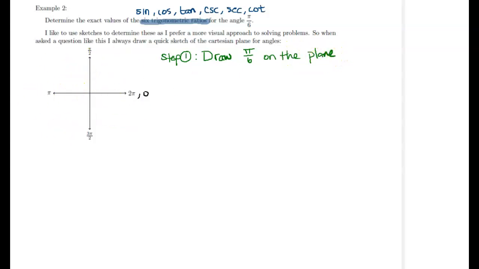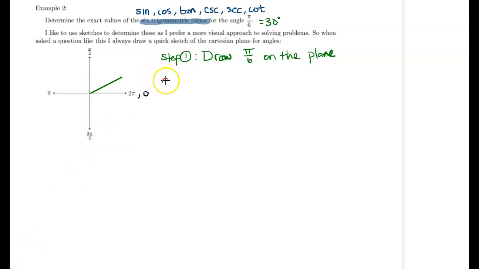So pi over 6, that also in degrees would be about 30 degrees. And again, these are the things that you're going to have to memorize. Okay, so I'm going to draw pi over 6 on the plane here. And since it is 30 degrees, it would be closer like that. Okay, so that is step 1.